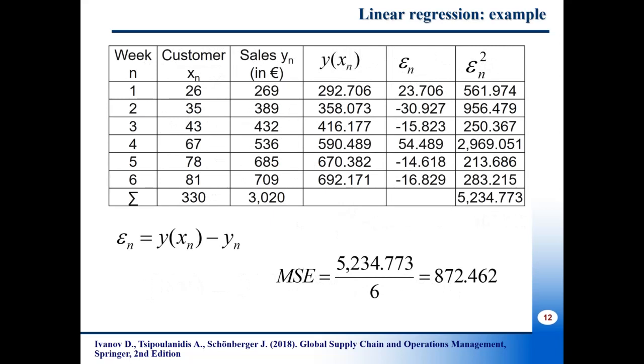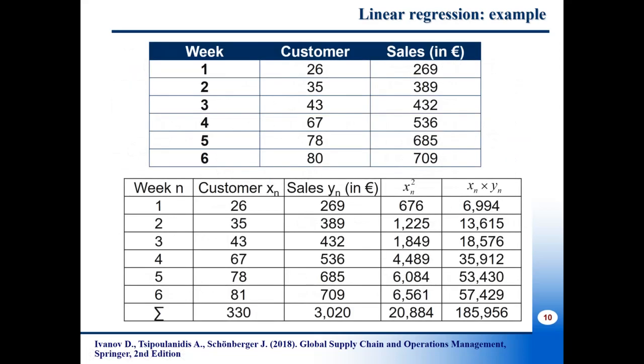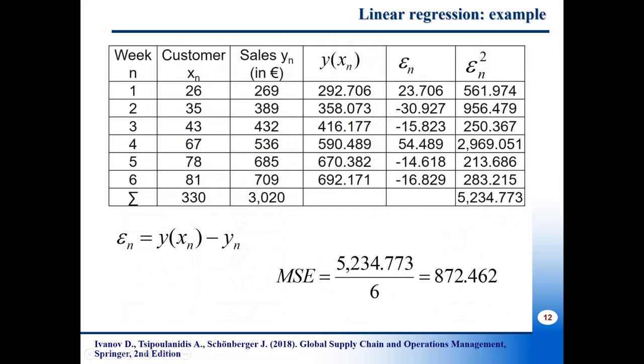Next, we would like to calculate the model accuracy. The current slide copies the first 3 columns from the upper table of slide 10. We copy these 3 columns and put them into this table, right?